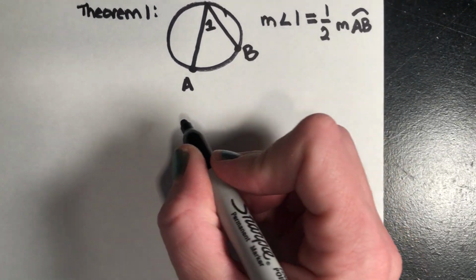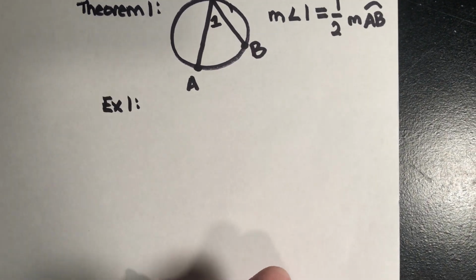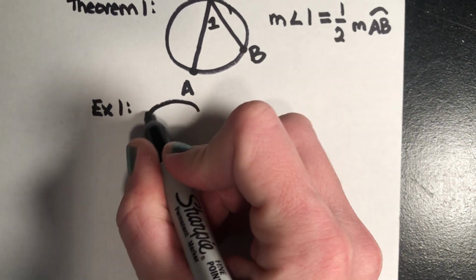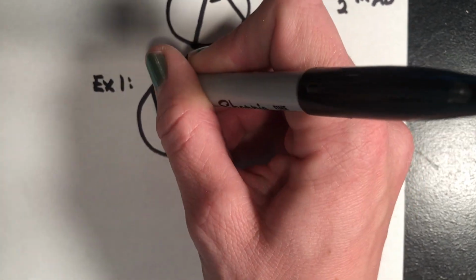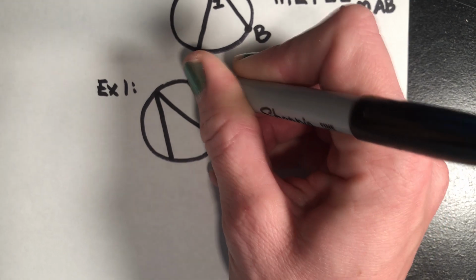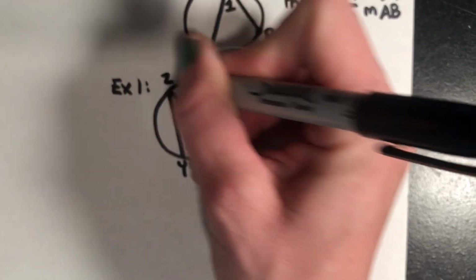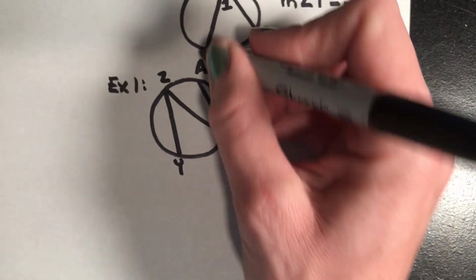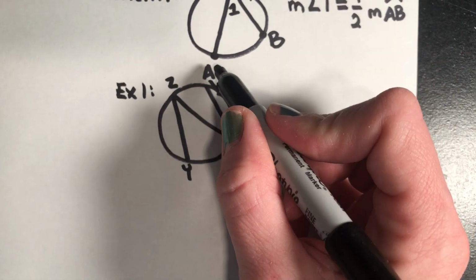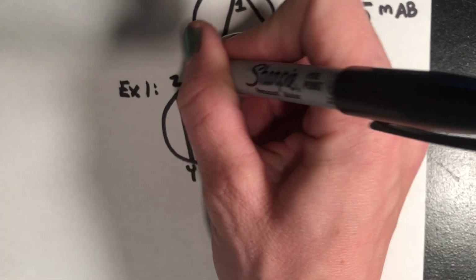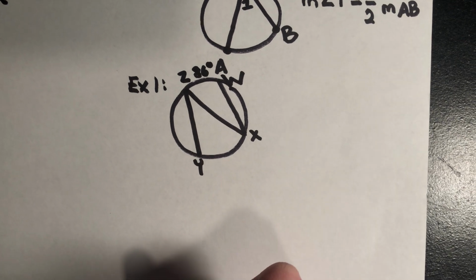Let's do an example on this. Example 1, if we have a circle, and we're going to do 2 different inscribed angles. This will be Y, Z, and X, and not to be confused, this will be W over here, not to be confused with A. This arc is 86 degrees.